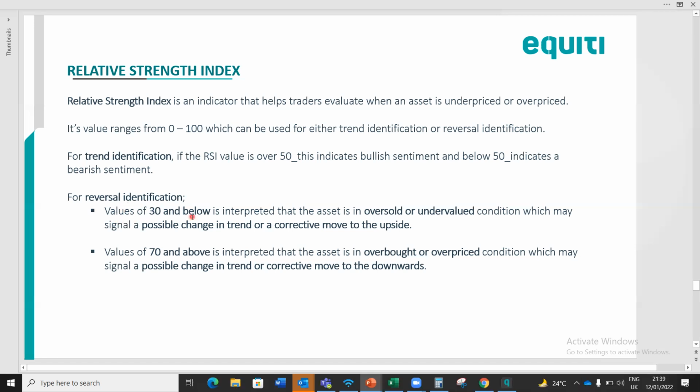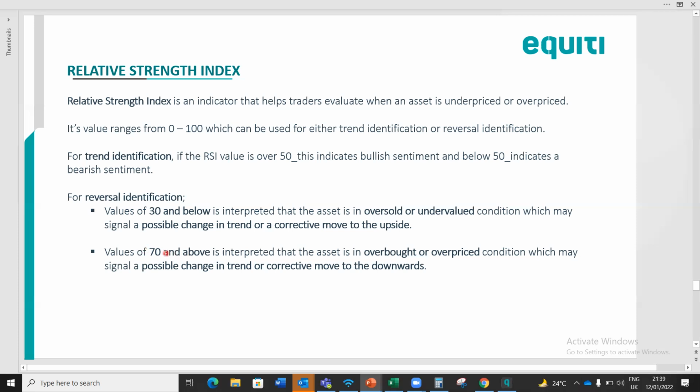Now for reversal identification, if the value of the RSI falls to 30 and below, it is interpreted that the asset is oversold or undervalued. Once it is in an oversold or undervalued condition, it may signal a possible change in trend or a corrective move to the upside. I'm going to show you this very shortly.